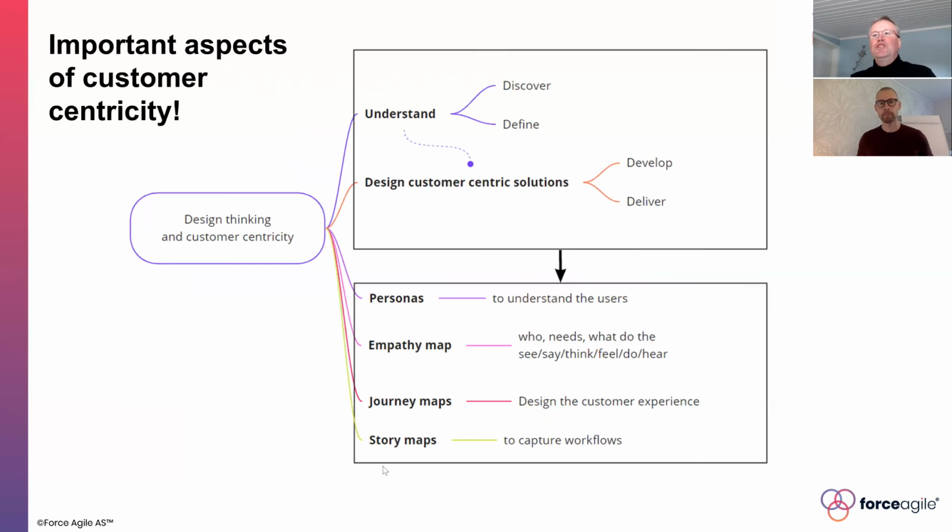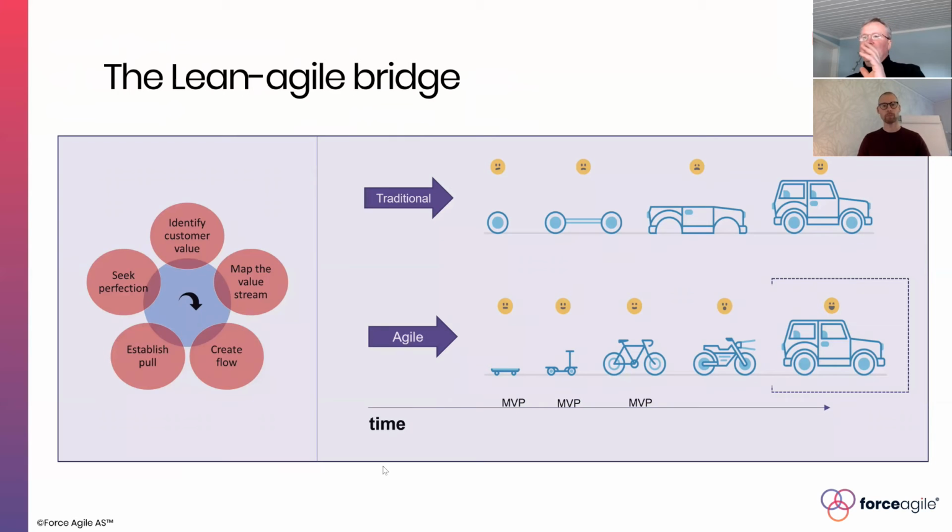Let me just move two slides back and see that in the agile development on the bottom right, we are developing a product from a very minimal version, and we add functionality to it in order to become an enriched product or service.